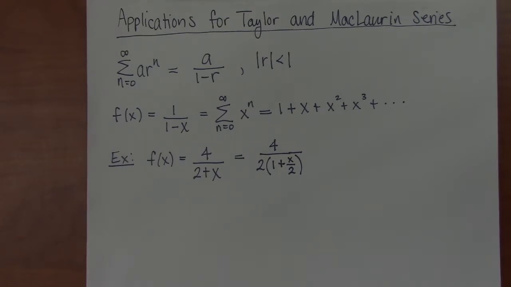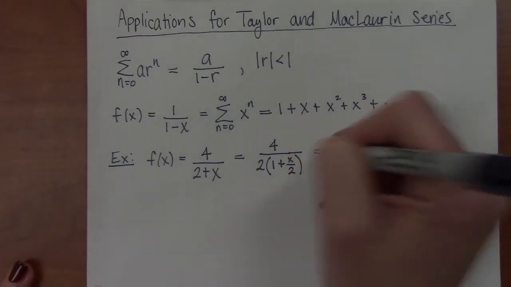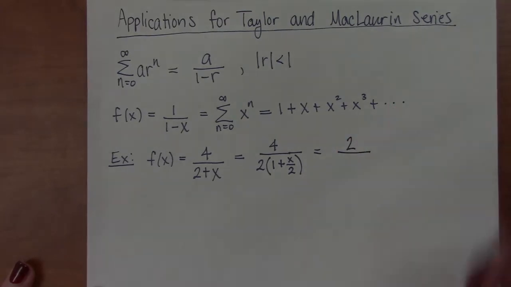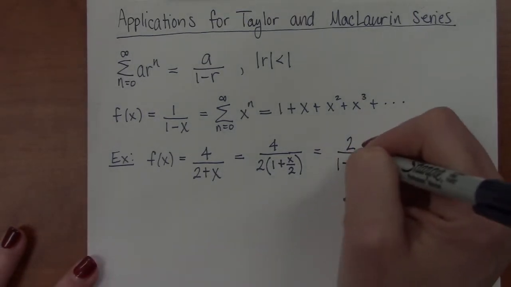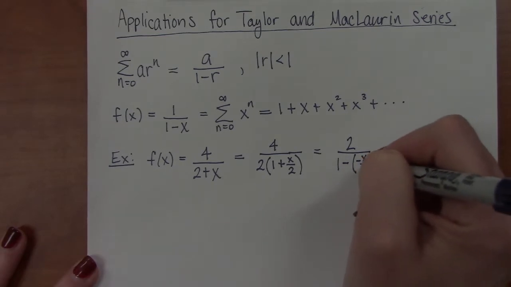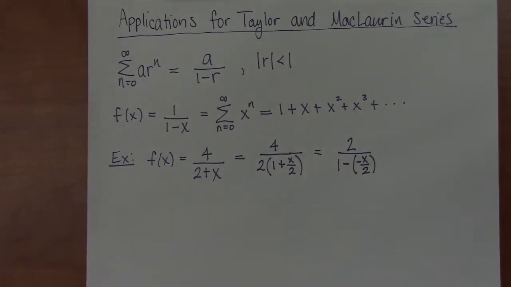I can also say that the 4 will divide by 2, so I can change the numerator to a 2. But the denominator needs one more tweak, because it isn't supposed to be 1 plus something, it's supposed to be 1 minus r. So to write this as 1 minus r, that's the same thing as saying 1 minus negative x over 2.